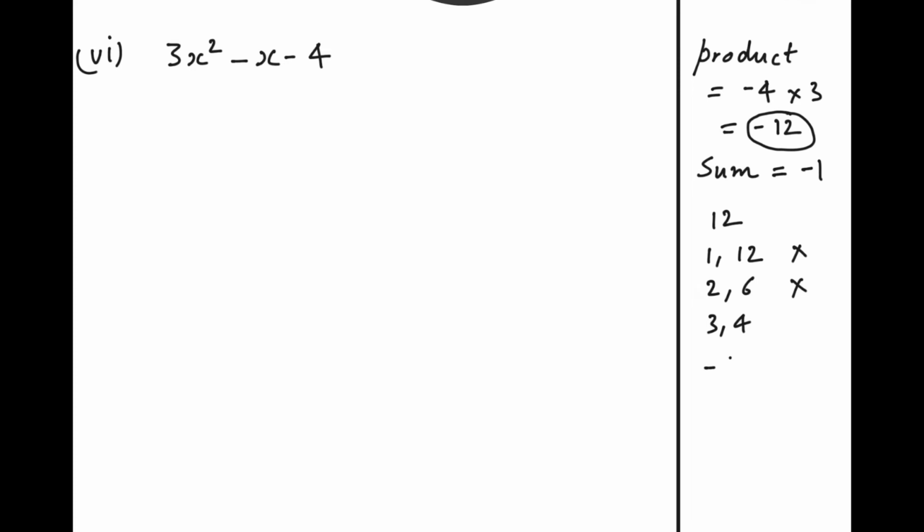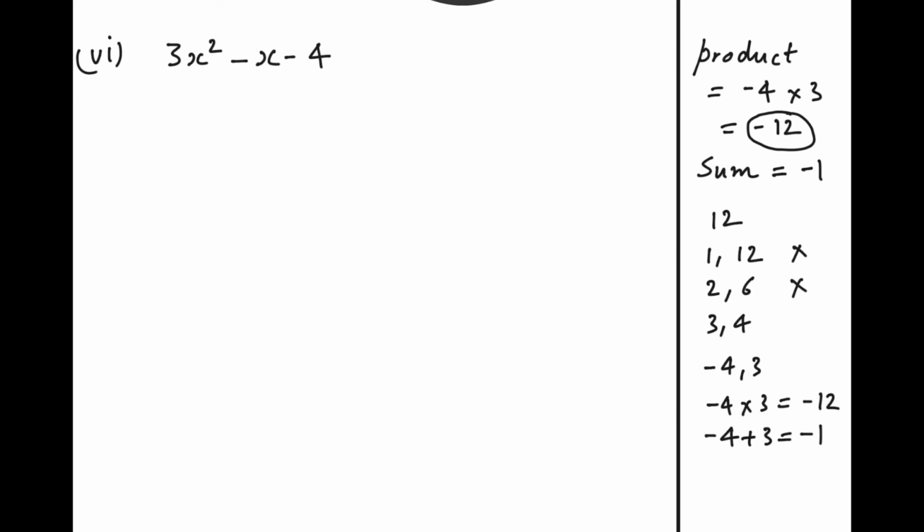So if we take minus 4 and 3, so minus 4 into 3 would be equal to minus 12, and minus 4 plus 3 would be equal to minus 1. So now we have found the two numbers minus 4 and 3, which will help us find the factors of this polynomial.